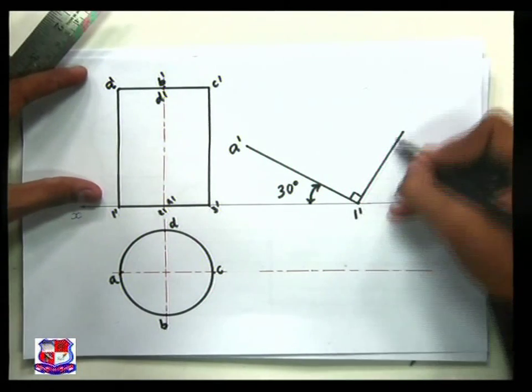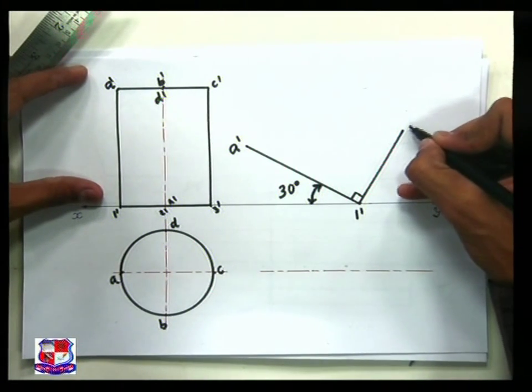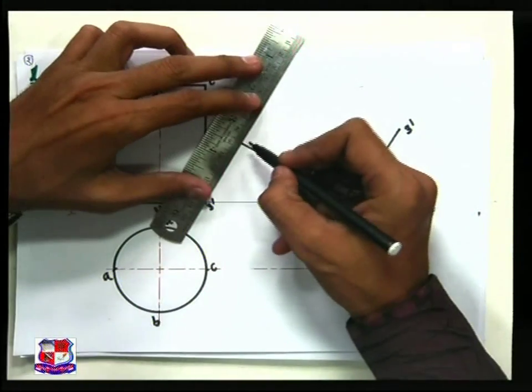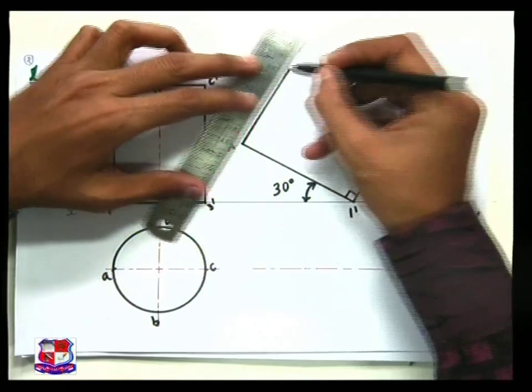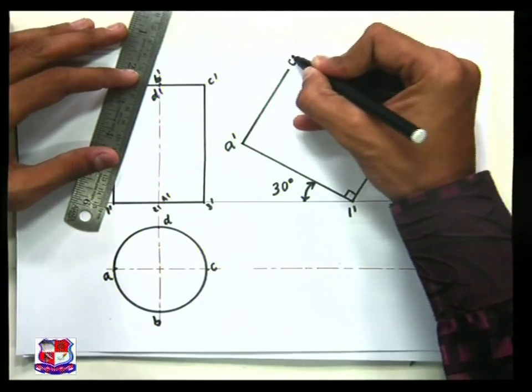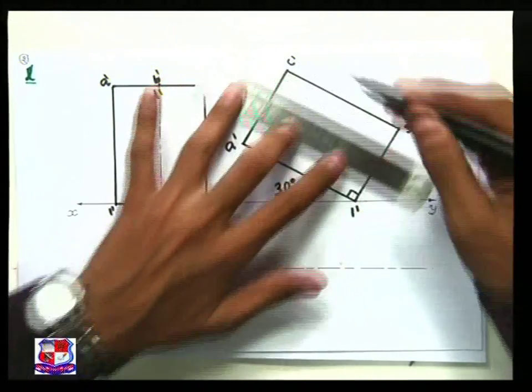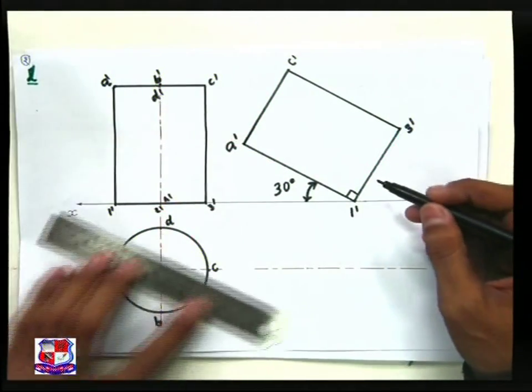So from this point at a distance of 50 mm over here, mark point 3 dash. And similarly from point A dash at a distance of 50 mm, mark point C dash. Join C dash with 3 dash. So that is the front view of the given problem.